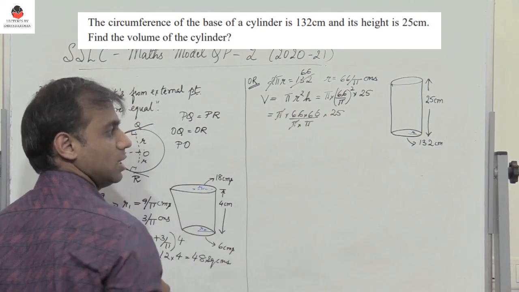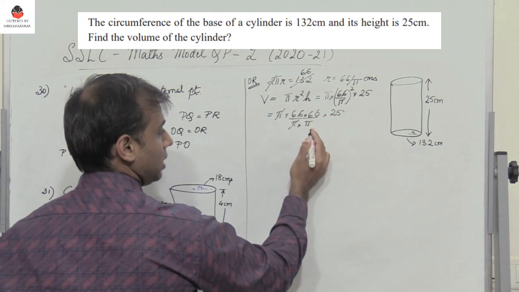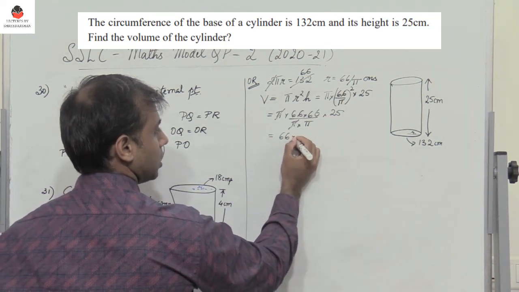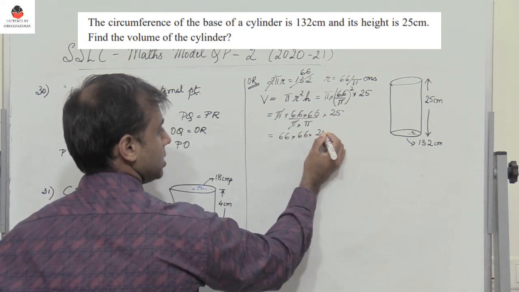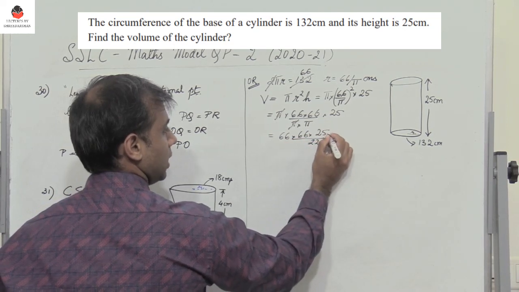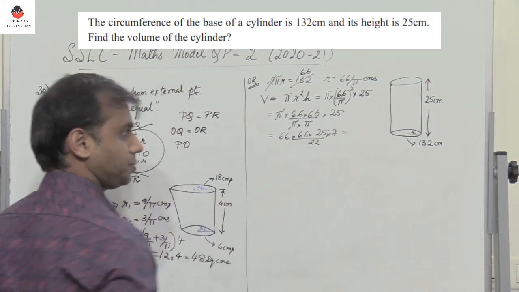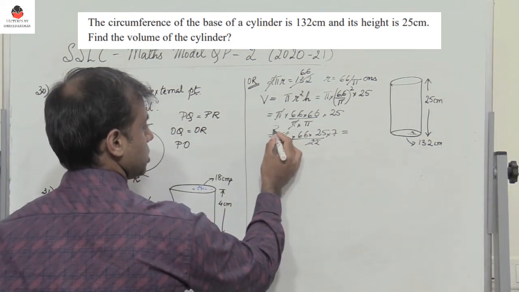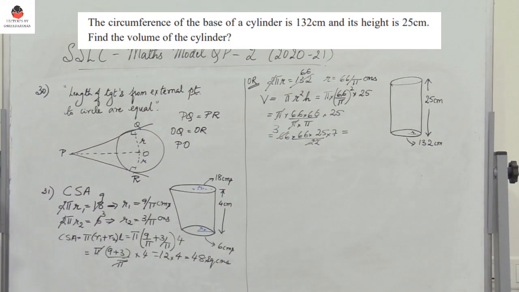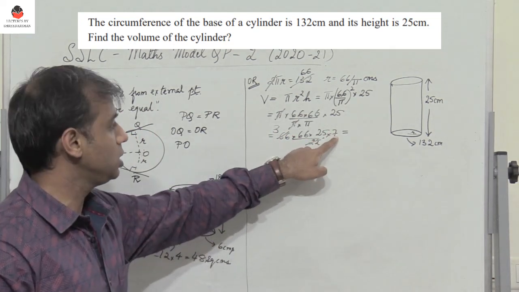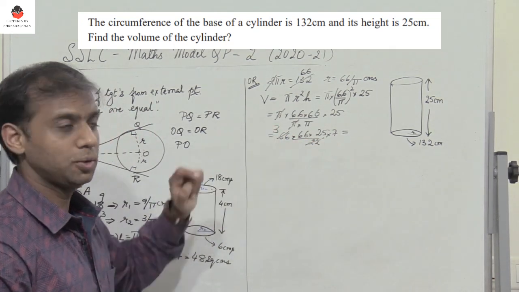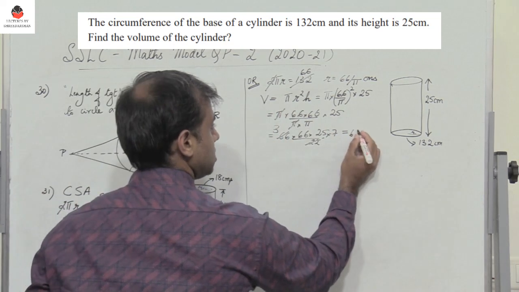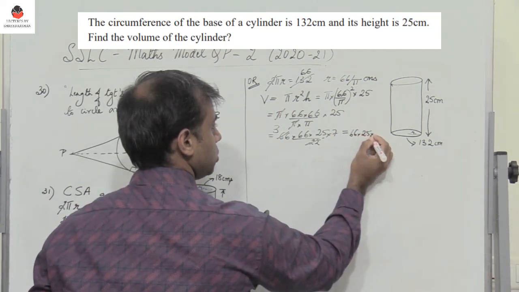So 1 pi gets cancelled. Now pi can be written as 22 by 7. So I have 22 and 7 goes on top. Here I can cancel 22 and 66, which is 3. So we have 66 into 25 into 21, because 7 into 3 is 21.